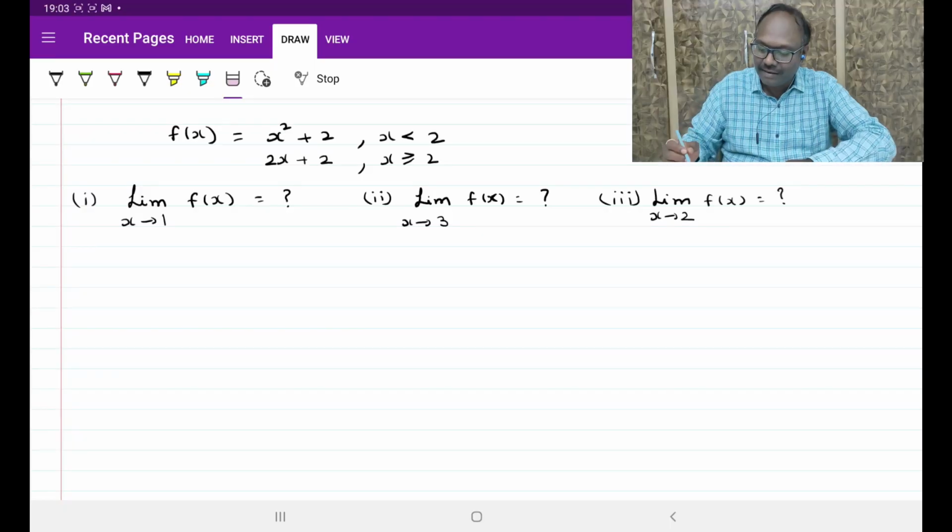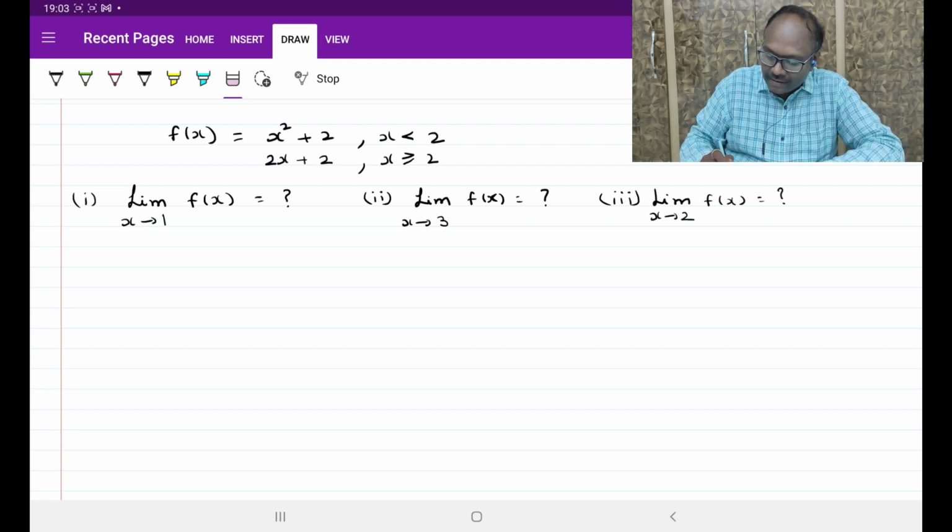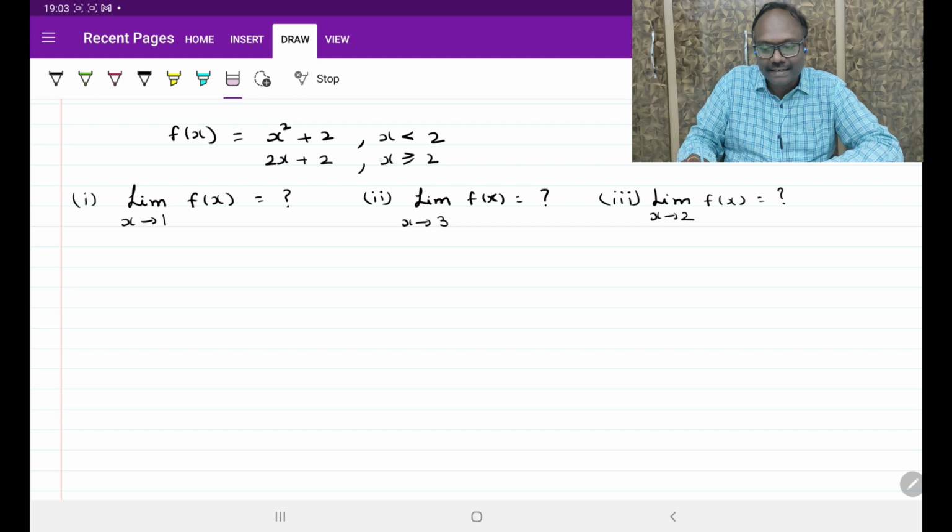Okay. Now let us observe here: f of x is equal to x square plus 2, when x is less than 2, and is equal to 2x plus 2 when x is greater than or equal to 2. So the first question is limit x tends to 1 of f of x.